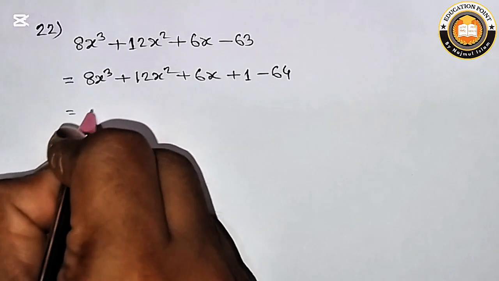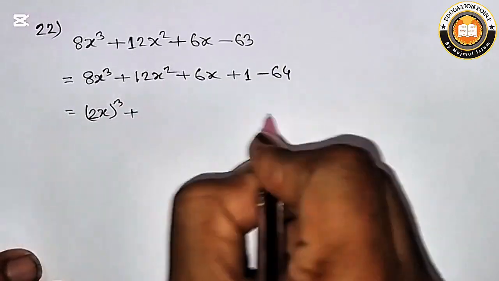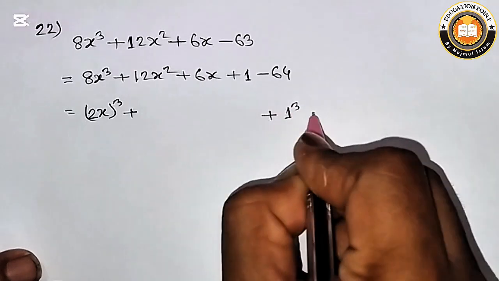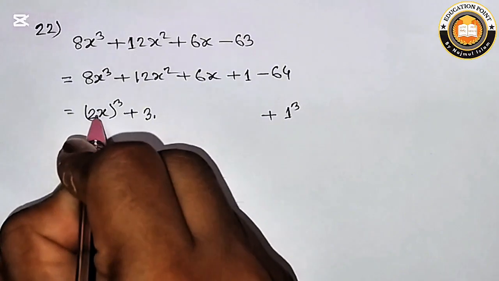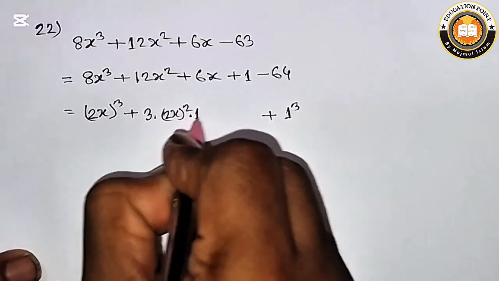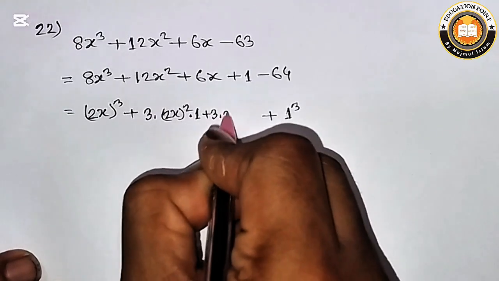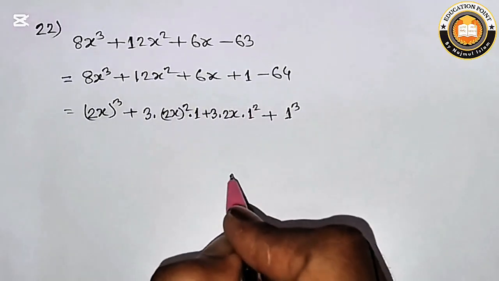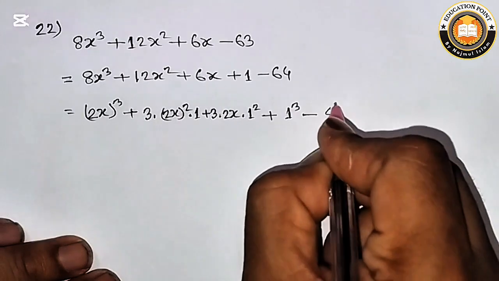Here 8x cube modify as (2x) whole cube, plus 1 modify as 1 cube. So 3 into a square means (2x) whole square into b means 1, plus 3 into a means 2x into b square means 1 square, minus 64 modify as 4 cube.